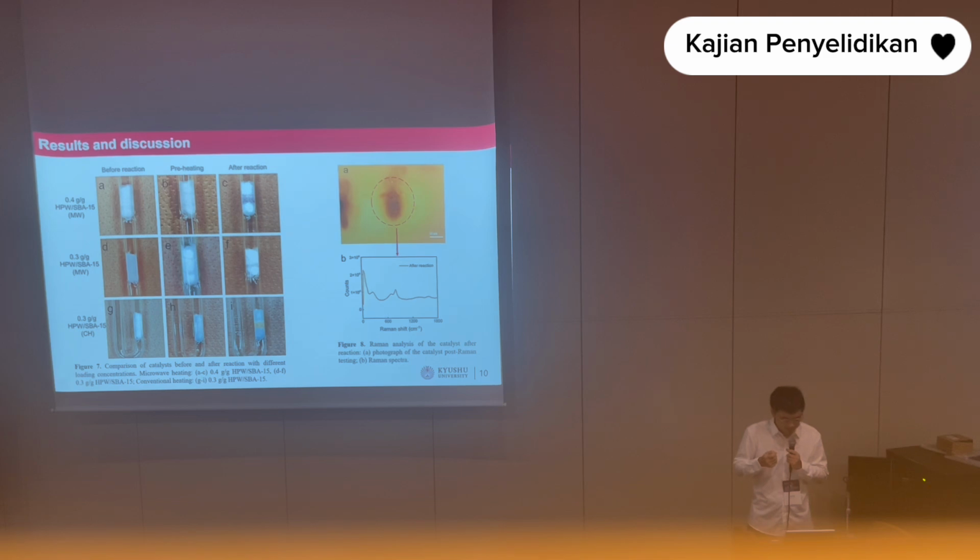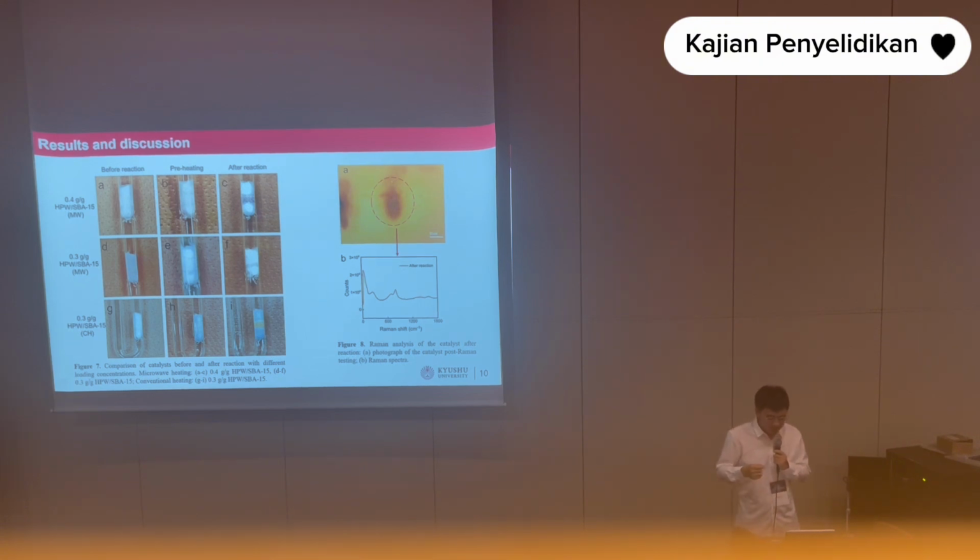Compared with conventional heating at 0.3 gram per gram, the color turns yellow. We think some coking occurred on the surface, with SPA 15 covered with HPW, and that's obvious.